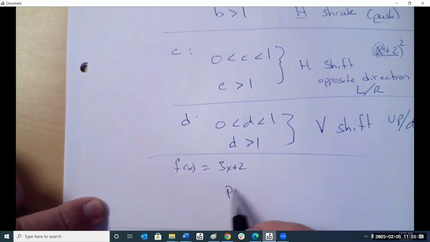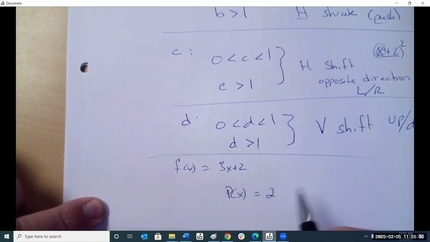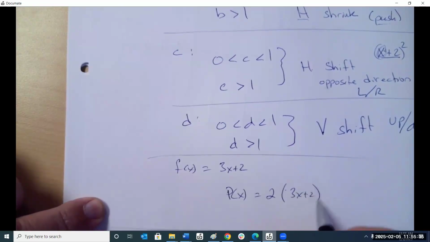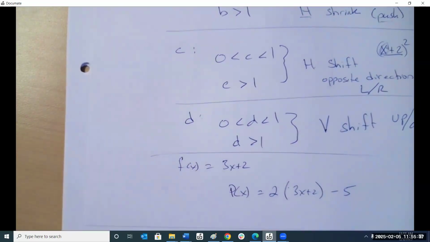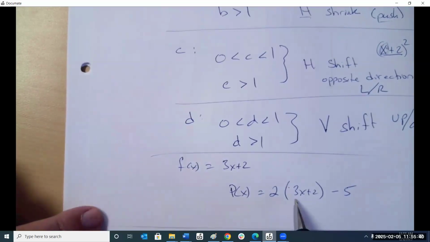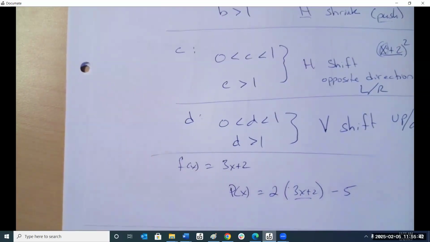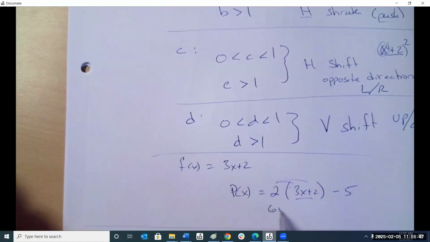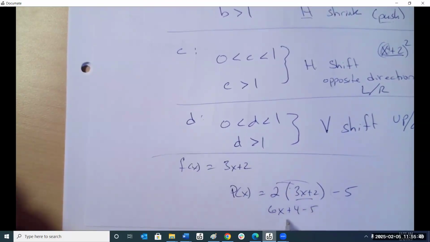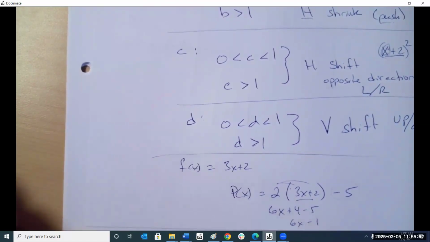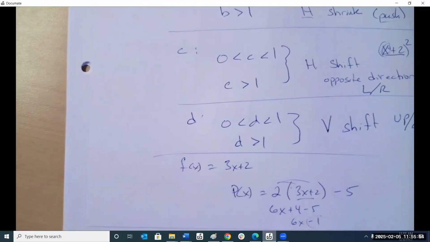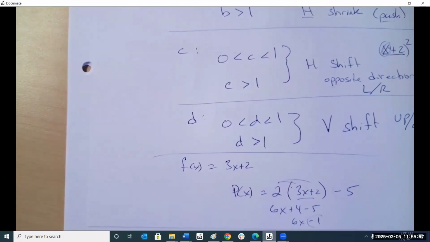So what if my polynomial was 2 times 3x plus 2, minus 5? Is it this graph just going down 5 units? No, because we have to do all this stuff. So we get 6x minus 1. You would think it'd be the same thing, but no, it still has to do with the horizontal shift. But if the function itself is a linear equation.